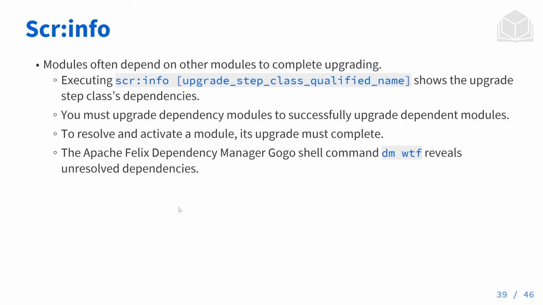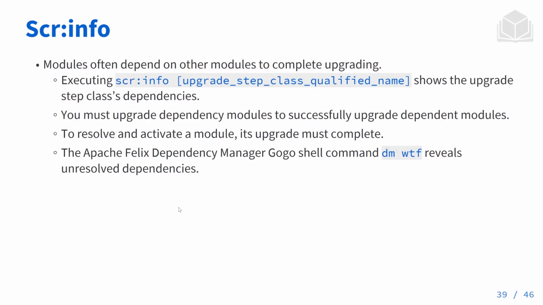It'll show you the specific dependency that upgrade needs. A couple of other tips as you're looking in the GoGo shell: you're going to want to make sure, again, these dependencies are resolved so that everything works. You're also going to want to make sure that the upgrade process goes all the way through before using that module as a dependency somewhere else. A module must make it through the upgrade process in order for the upgrade to be deemed complete.